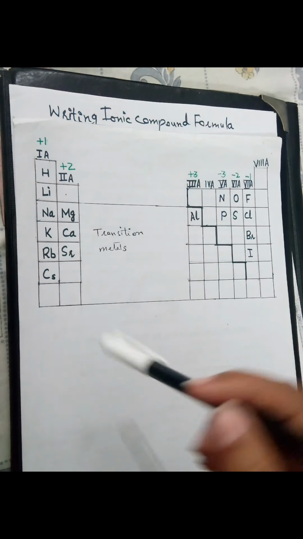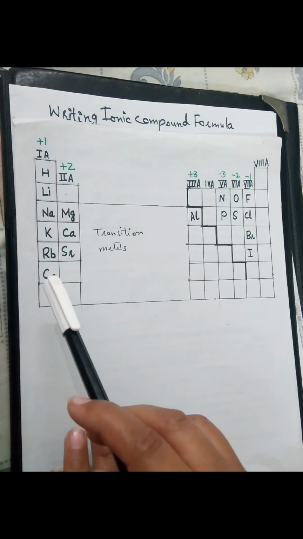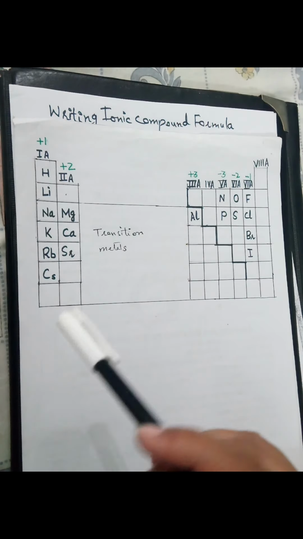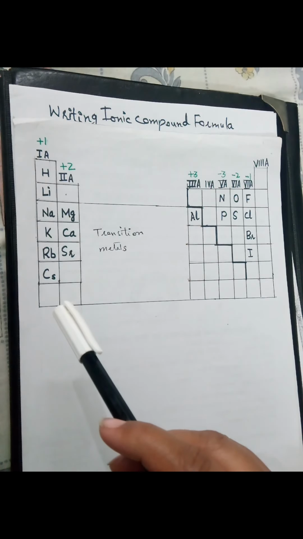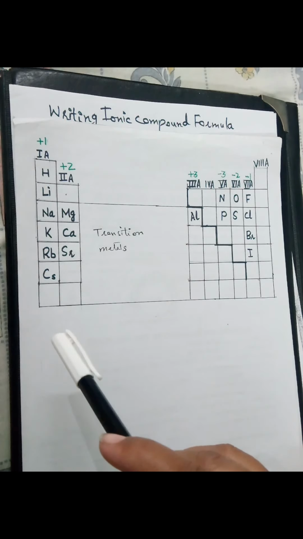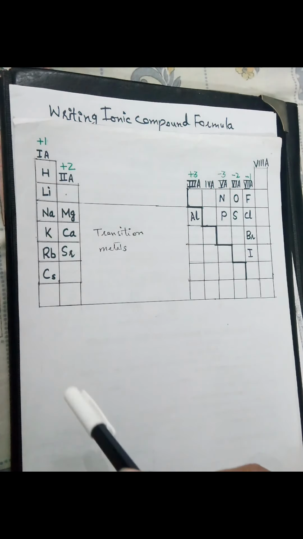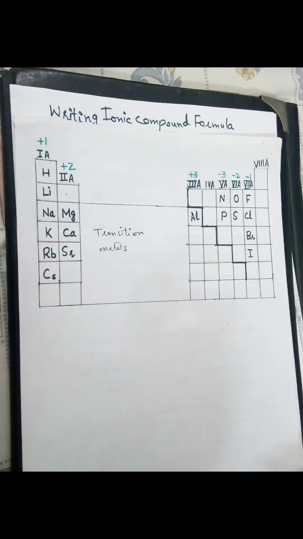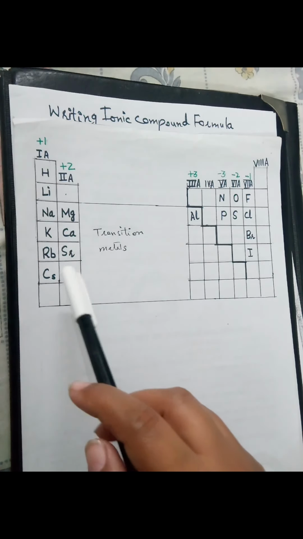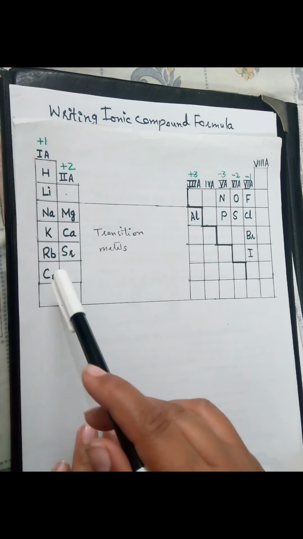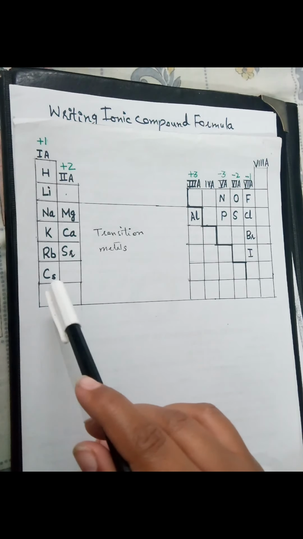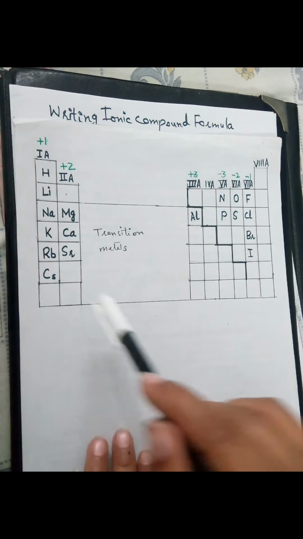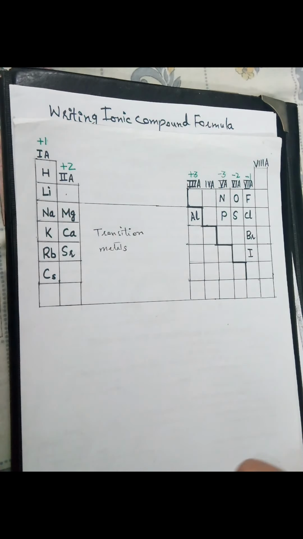It means by knowing the group numbers we can know the charge present on the ions. By knowing the group of the respective elements, we can guess the charges present on that element.